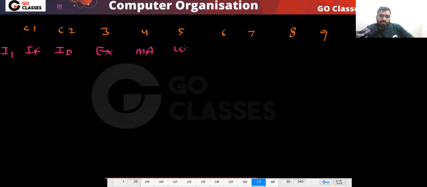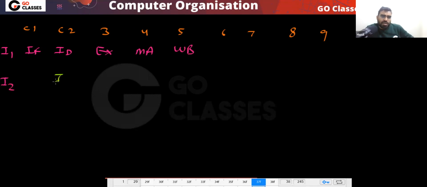This is what you are going to do. There are cycles C1, C2, C3, 4, 5, 6, 7, 8, and so on. Instruction I1 goes to instruction fetch, decode, execution, memory access, and write back. Instruction I2 is completely independent, so you don't have to worry about it.